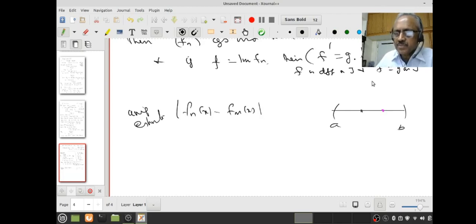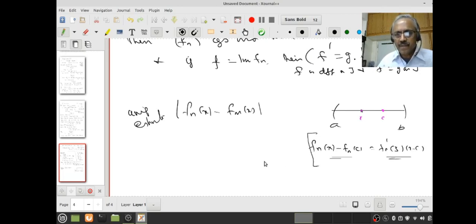Okay, and x may be anywhere, right? You understand? Therefore, what is natural is I can apply fn(x) minus fn(c) kind of thing. I want to use differentiability. What is that you can use? I can use fn dash of some xi into x minus c kind of thing. You understand? So I can use mean-value theorem.